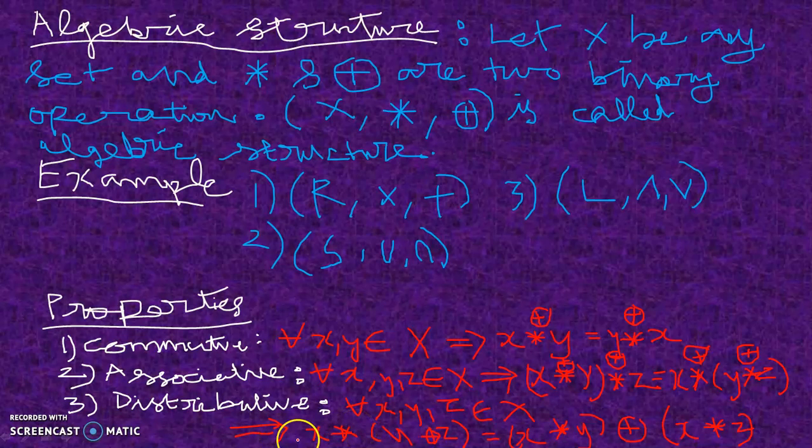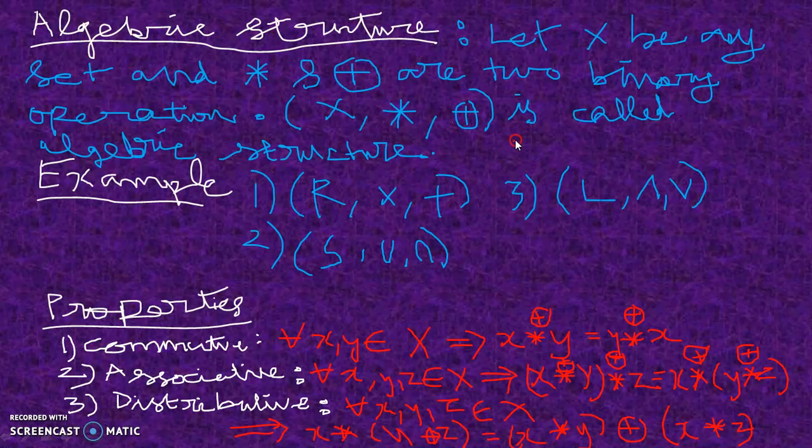That is the meaning here. x is distributed to y, then x is distributed to z. So this particular property we call the distributive property. I can take a lot of examples, but because of time constraints, there are some important ideas here.